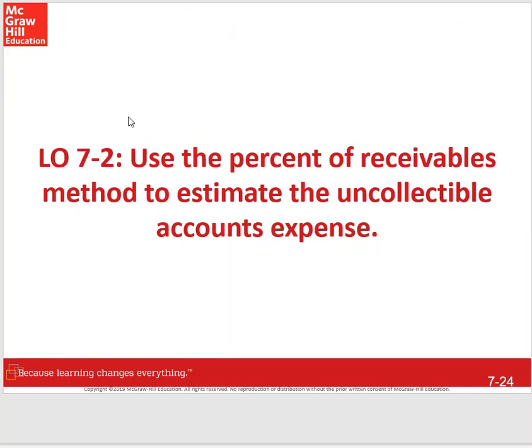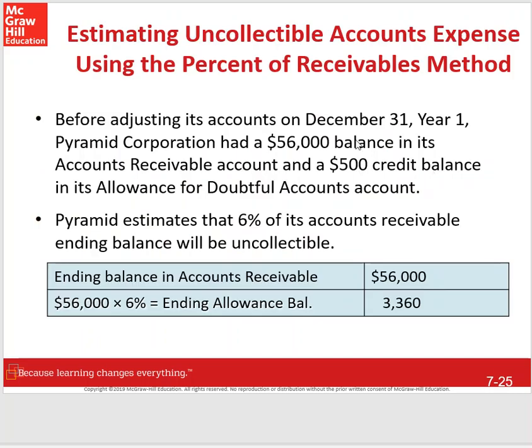So next here, we're going to take a look at the percent of receivables technique. We're still talking about the allowance method overall, but this time we're going to be focusing on percent of receivables rather than percent of revenue. So this is a different company, Pyramid Corporation, and at December 31st, year one, they have $56,000 in accounts receivable, and they've got $500 credit balance in allowance for doubtful accounts.